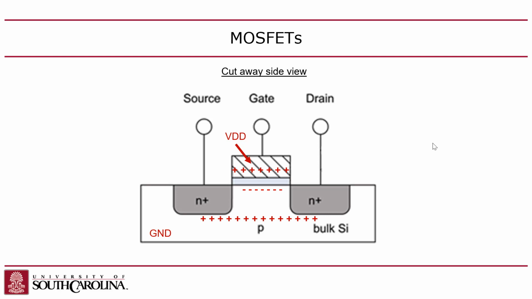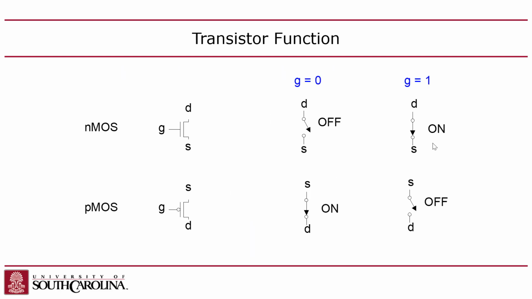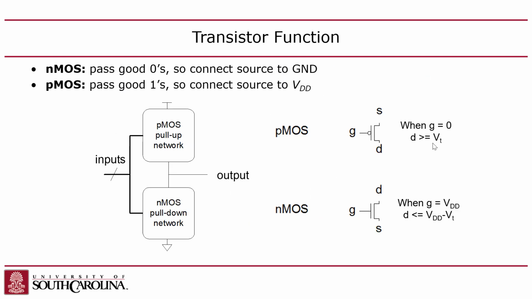They become separated from the substrate. Okay, and that makes it a little tricky to calculate what the voltage difference is between the gate and the channel, because the channel becomes its own thing. It's not part of the, electrically, it's not part of the substrate anymore. Okay? So I'll talk more about that in just a minute. I'll come back to that.